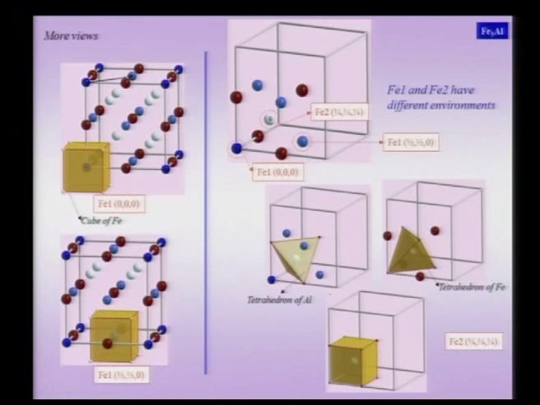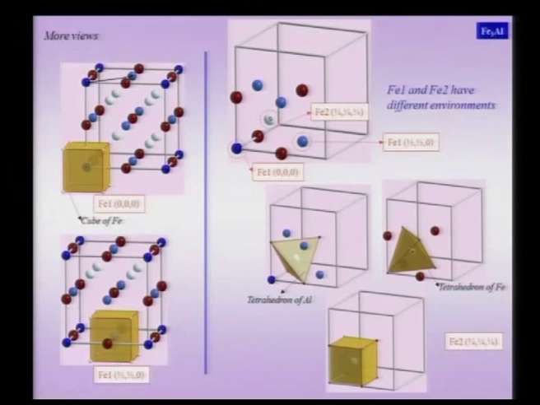Now, I could alternately visualize a tetrahedron of iron located around the same central iron atom, which is the iron 2 atom, right here in the middle, and you can see that this is a tetrahedron of iron. But the coordination polyhedron is not just this tetrahedron of aluminum or this tetrahedron of iron, but is actually a combination of both of them.